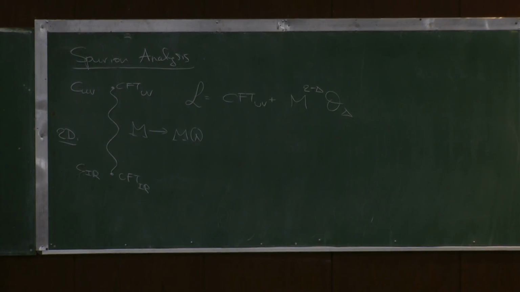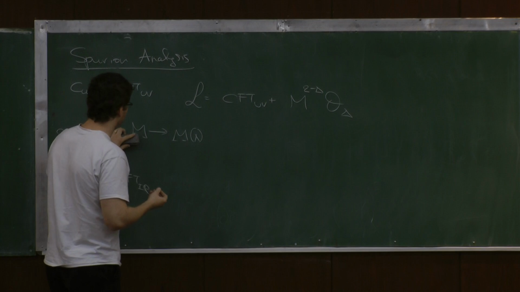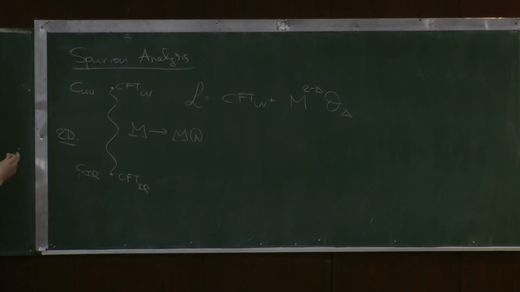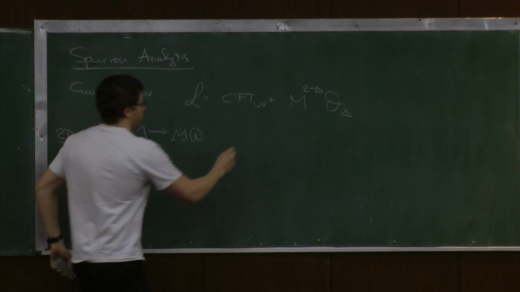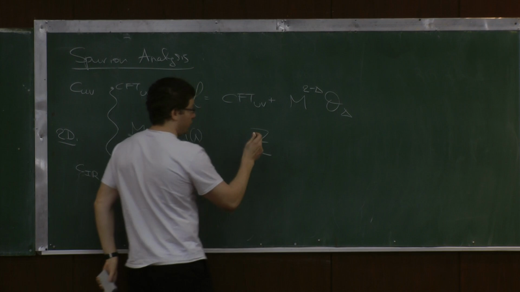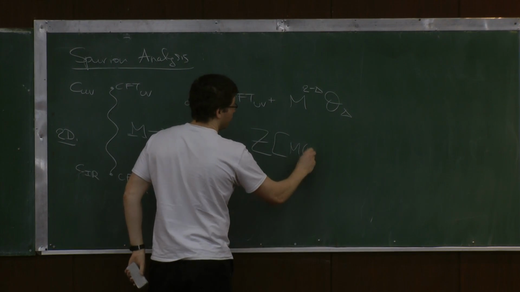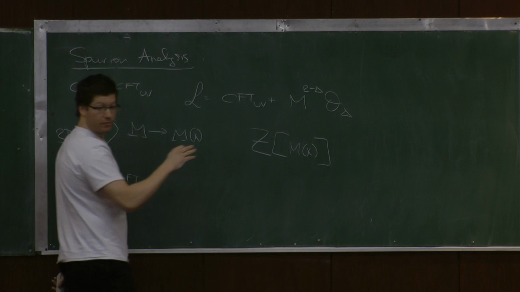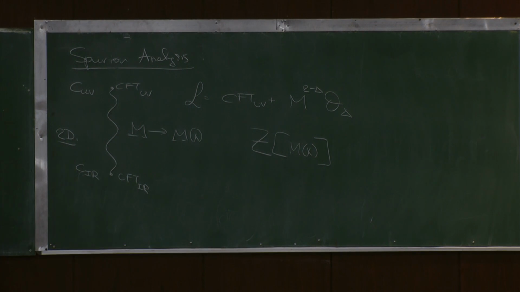So you see that it looks like I've tricked you, because obviously RG flows break conformal symmetry, but this spurion analysis idea is powerful. It allows you to restore conformal symmetry formally. So for instance, if you computed the partition function of this theory, it would be some functional of the mass, which is a function of space-time. This partition function will have to respect conformal symmetry.